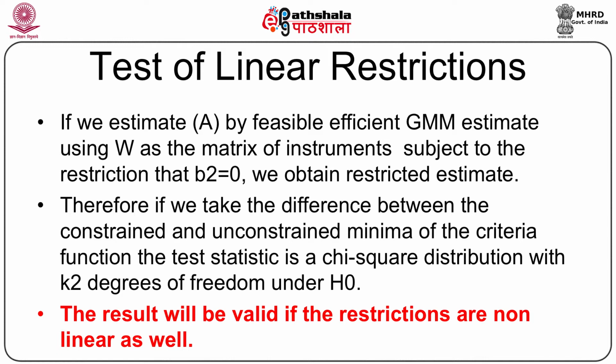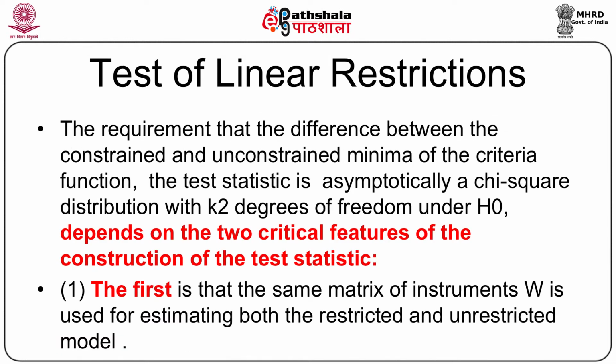Now the result will be valid if the restrictions are nonlinear as well. So this criterion can be applied whether the restrictions are linear or nonlinear. The requirement that the difference between the constrained and unconstrained minimum of the criteria function is asymptotically chi-square distributed with k2 degrees of freedom under H0 depends on two crucial features of the construction of the test statistic. That is, two sets of assumptions are very crucial in getting the result.